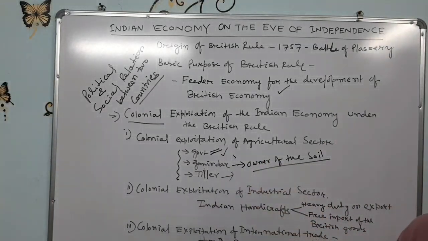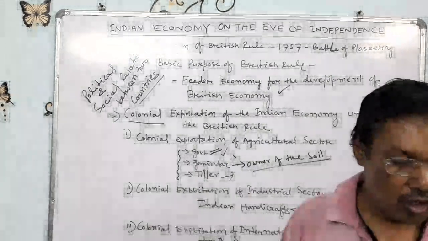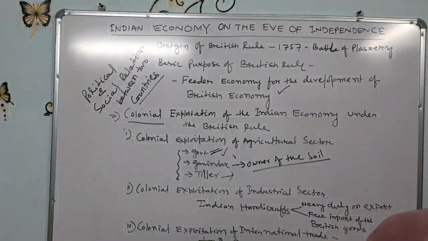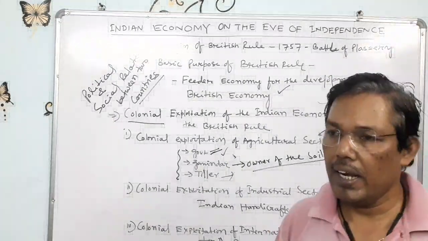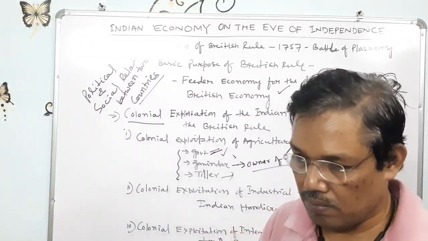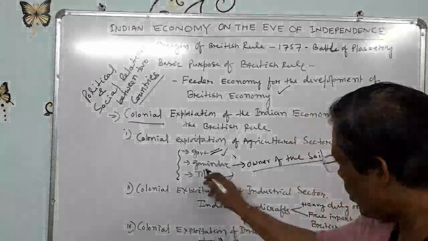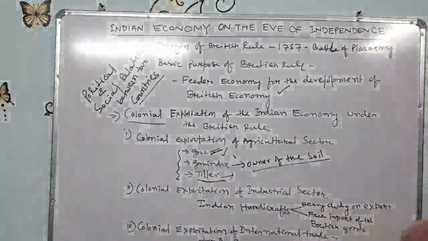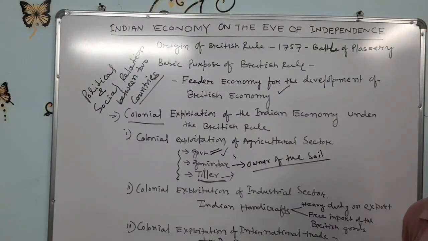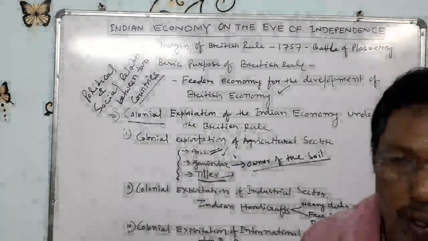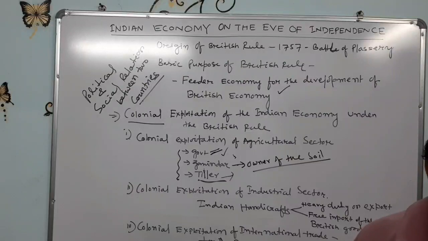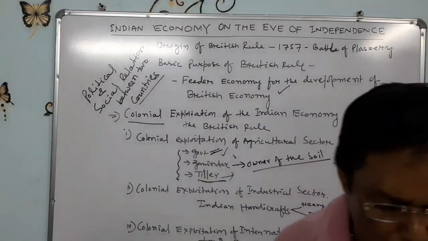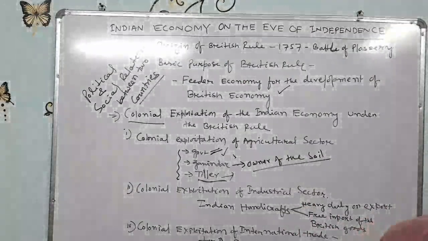The tillers are the peasants and farmers, those who are actually cultivating the land. These people are called the tillers of the soil. They are the actual cultivators and got the bare minimum for survival.